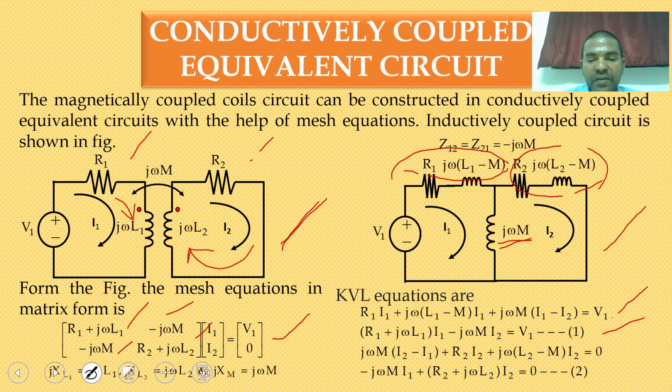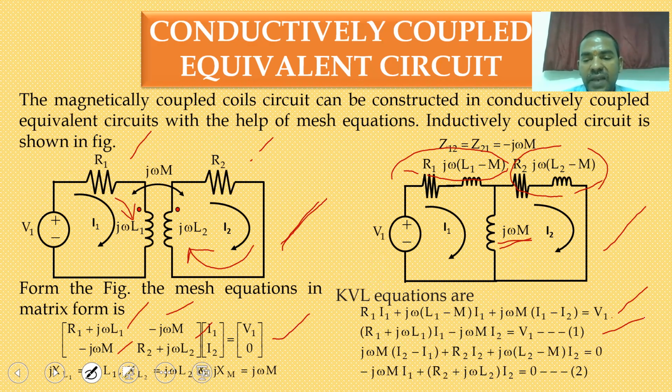So finally what you can get, R1 plus j omega L1 into I1 minus j omega M into I2 is equal to V1. So this is your first equation.